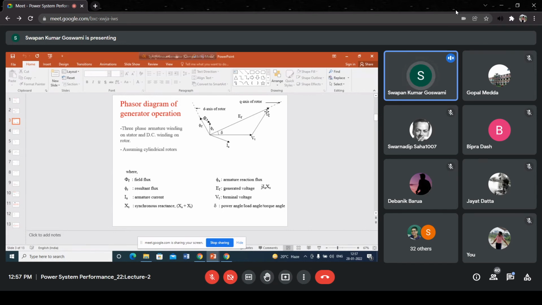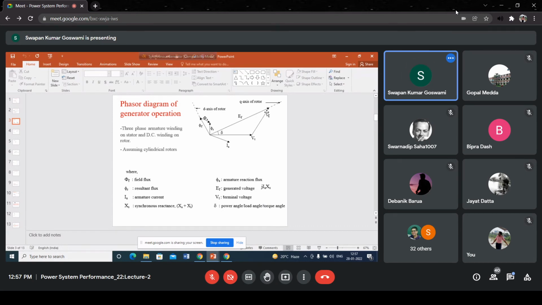So if you want to change the value of delta, or if there is a change in the power generated by the machine suddenly, then what will happen? Then obviously the speed of the machine will deviate from synchronous, and in that case, there will be a change in the value of delta.